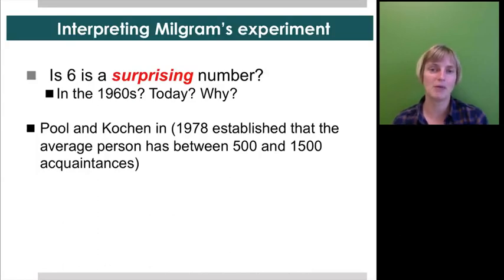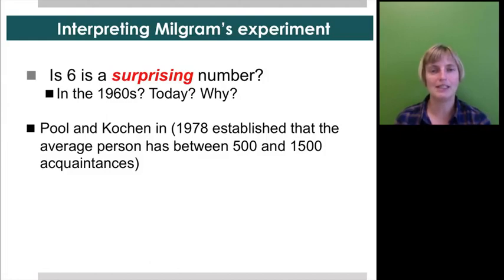So let's think about whether 6 or 4, and we'll see how 4 is not really the right number and how you can correct for it, whether that's surprising. In order to figure that out, first we need to know on average how many individuals someone has in their network.